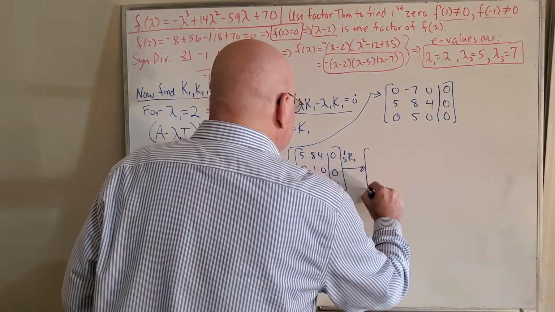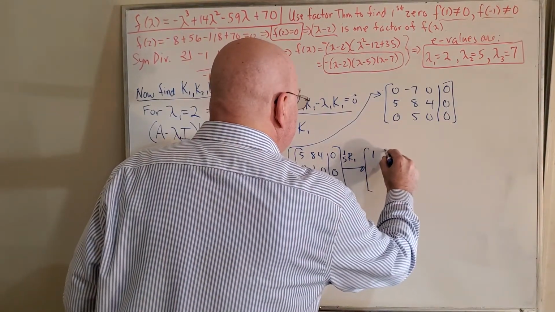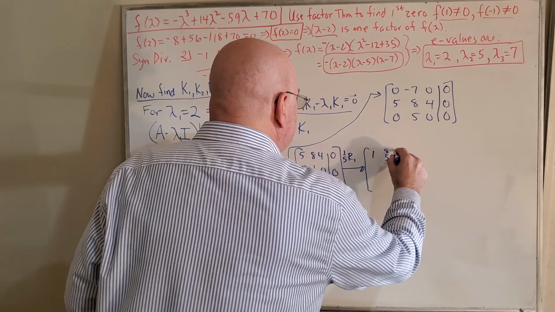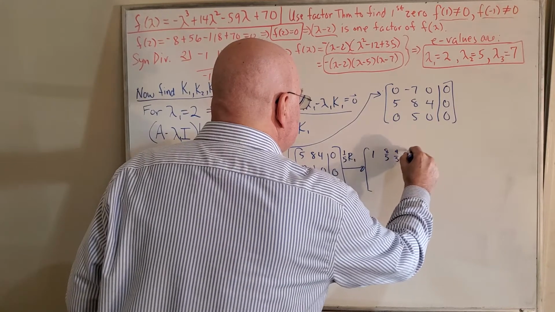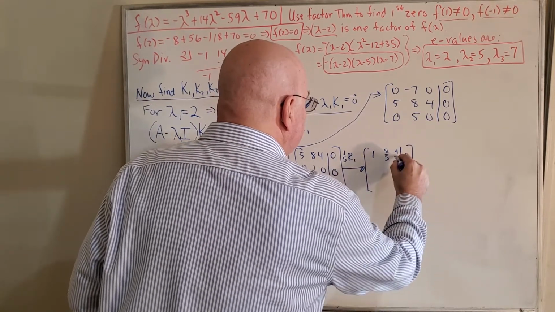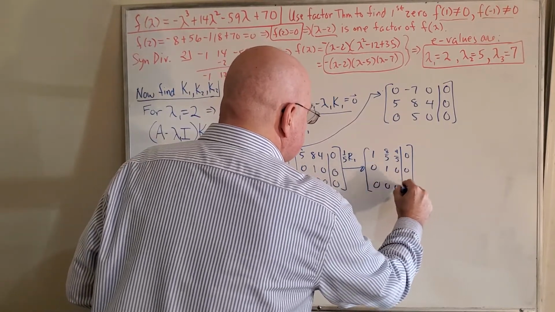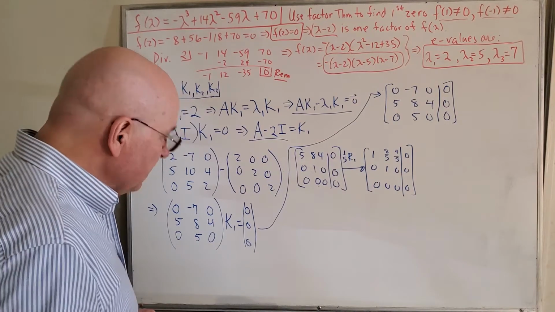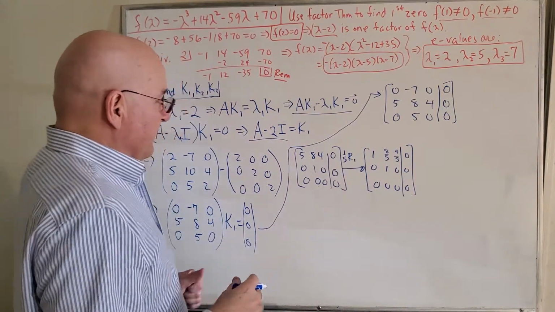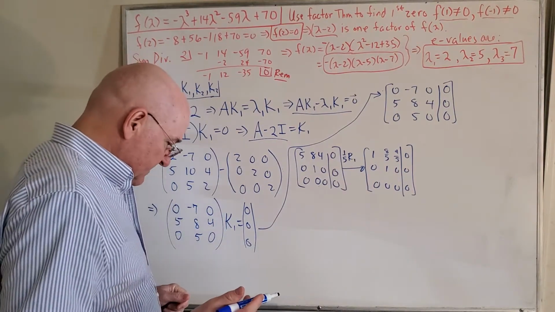So then we get 1, 8/5, 4/5, 0. And then 0, 1, 0, 0, and 0, 0, 0, 0. All right, so what's next? What does row 2 tell us?